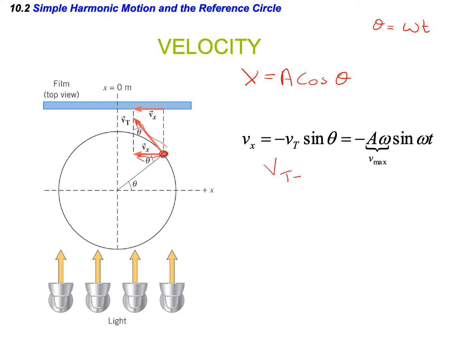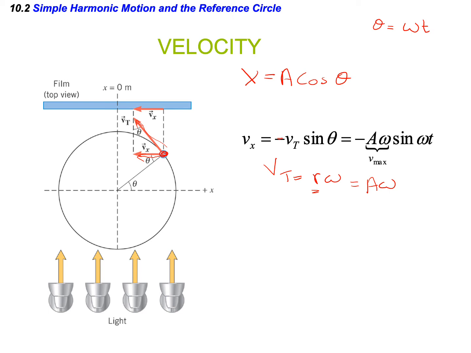The tangential speed of an object is radius times omega. In this case the radius is r, the amplitude A, so A omega. So Vx is Vt, the tangential component of the speed, times sine theta.